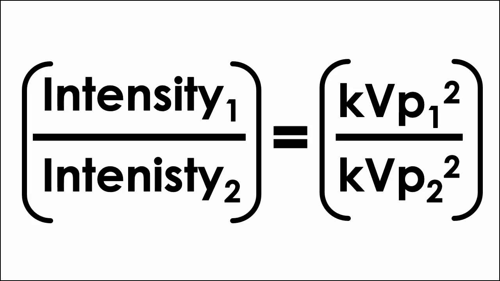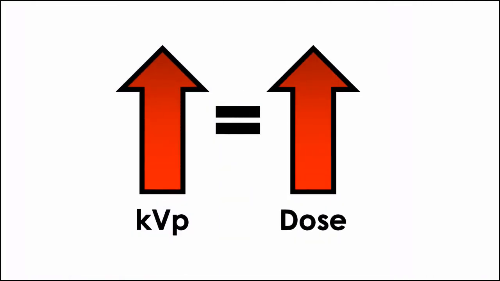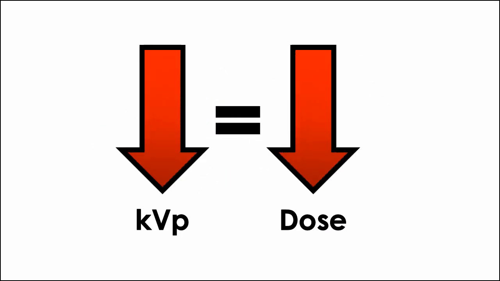We also need to understand that kVp affects other aspects of the exposure as well. Increasing the kVp increases the dose to the patient. This is because increasing kVp creates more X-ray photons, which means more photons are striking the patient. Obviously, the reverse is also going to be true.